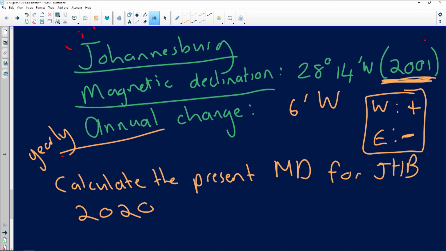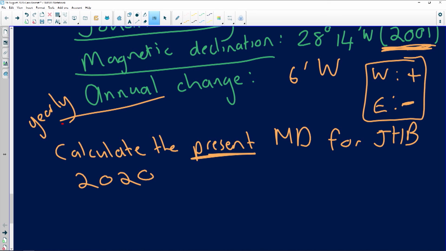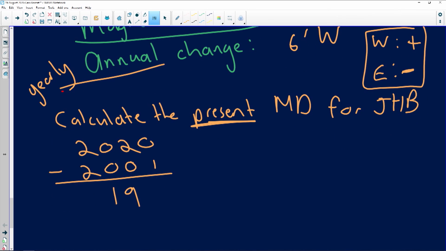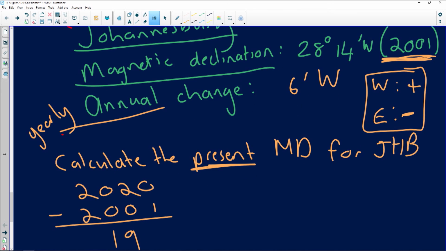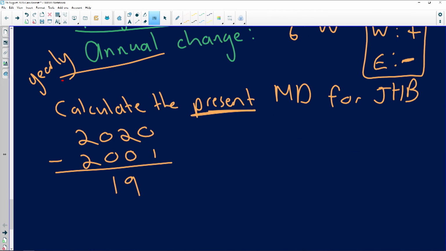So we need to determine the present. So what are we going to do? We're going to take 2020 minus 2001. And that's going to leave us with 19. Because this map was drawn in 2001. Okay. Now, if we continue, every single year it's changed 6 minutes to the west.